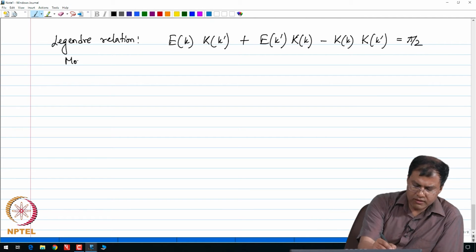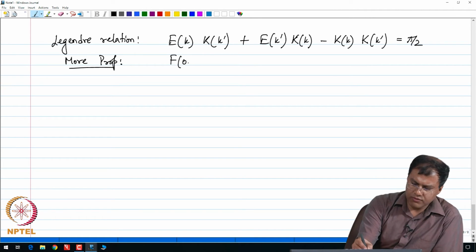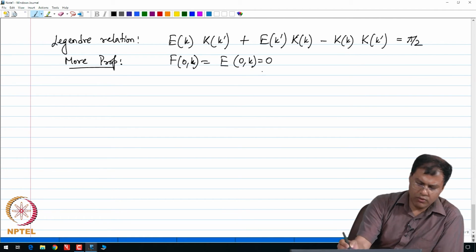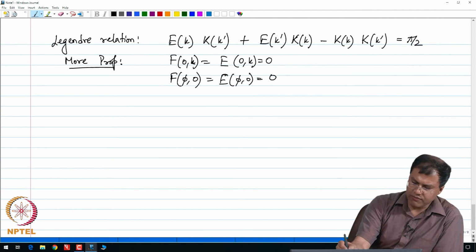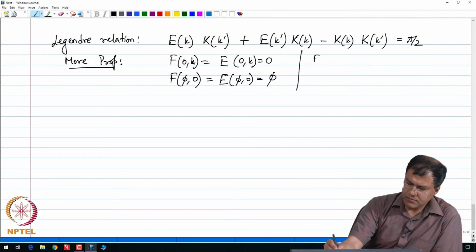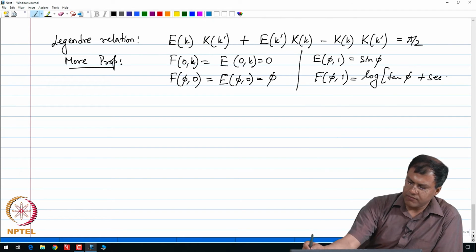And we have more properties. F of 0 comma k is E of 0 comma k is 0, and F of phi comma 0 is E of phi comma 0 is phi, and E of phi comma 1 is sin phi, and F of phi comma 1 is log of tan phi plus secant phi.